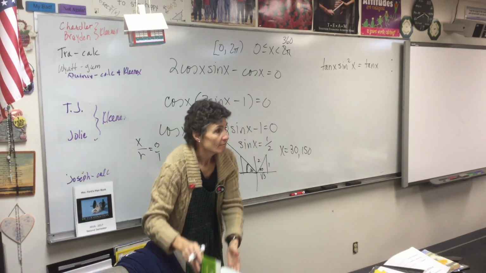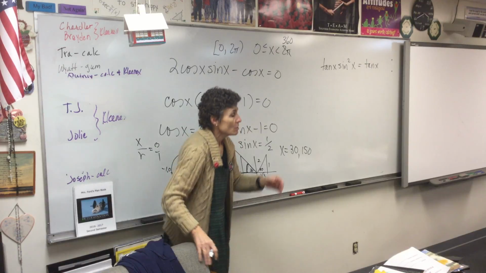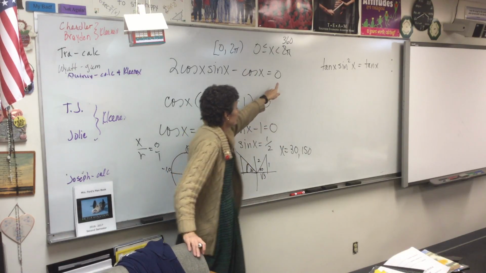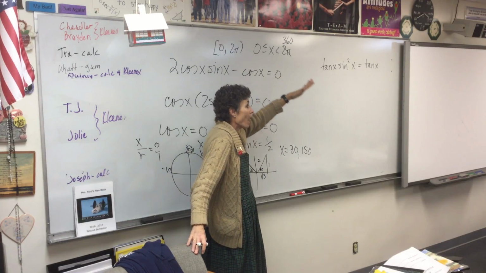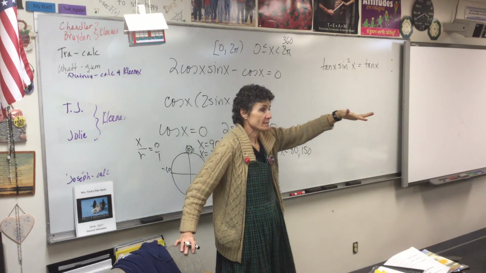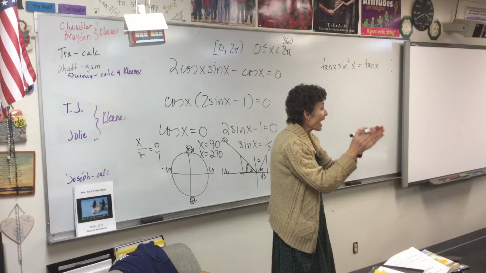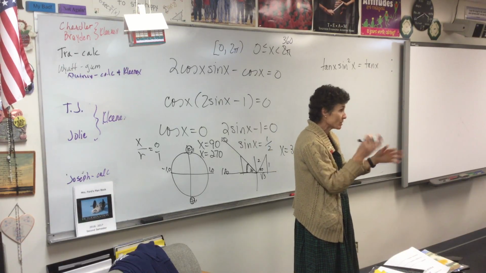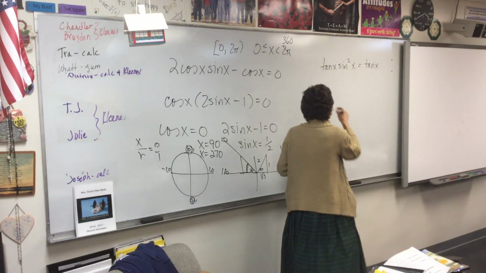Subtract the 10. Very good. We want our equation to be equal to 0. Why do you want your equation equal to 0? So when you factor it, you can set each piece equal to 0. That's the only way you can do that, is if it equals 0.